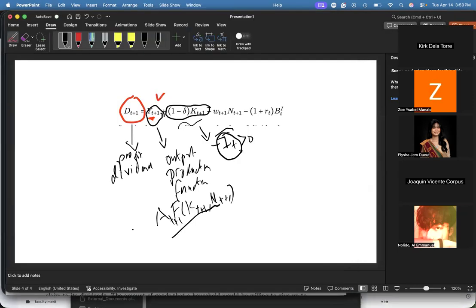But in T plus 2, in the future, there's a second source, which is selling your capital stock, KT plus 1. Okay? Because wala ka ng T plus 2, wala ka ng buhay next period. So you're just gonna convert your capital into consumption. Any questions? Everyone got that? The two sources of income in period T plus 1?